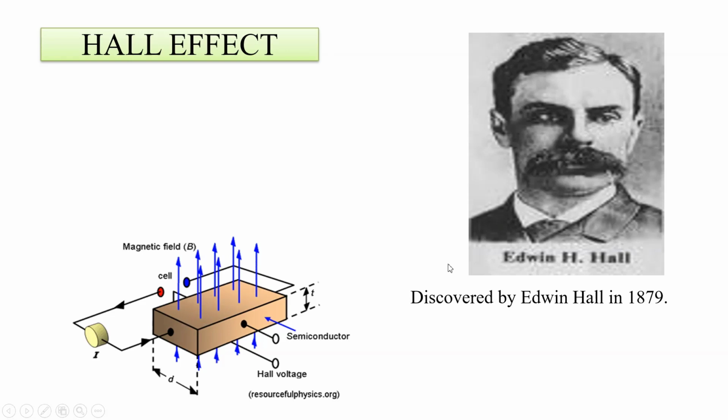Hall observed that with such an arrangement, on the remaining two sides, that is the back side and the front side, a voltage is generated, which is known as Hall voltage.